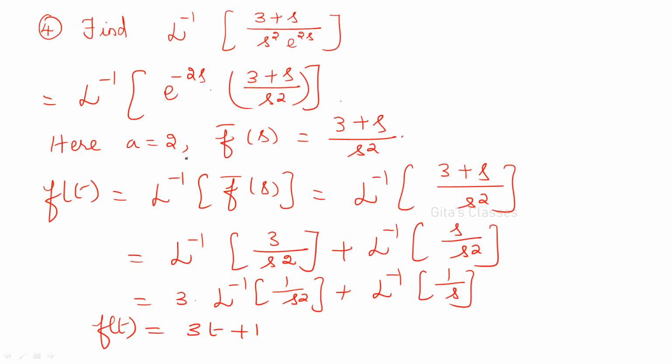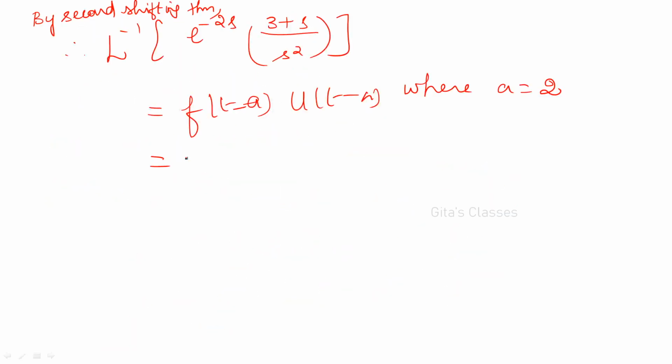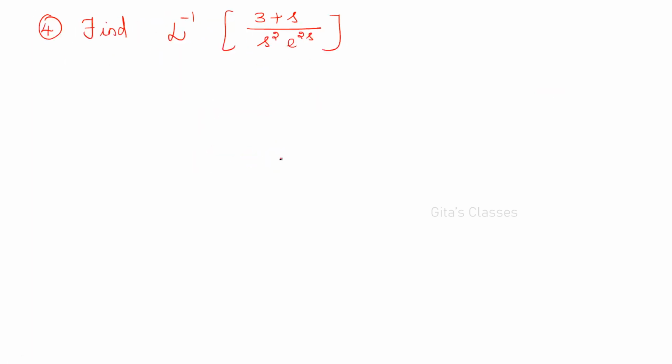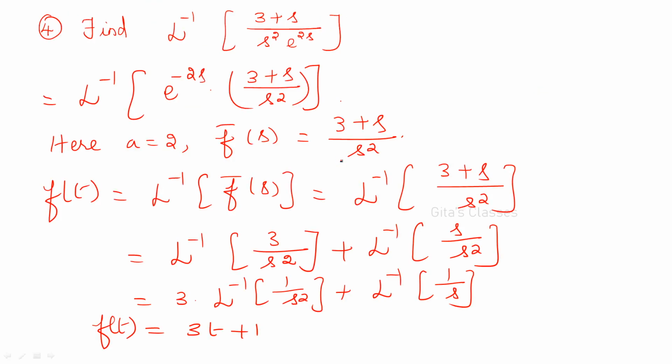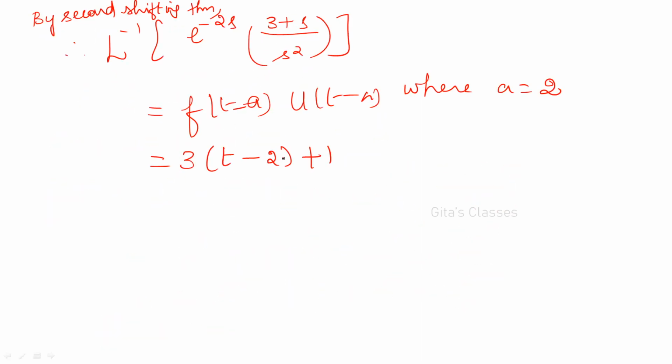Our f of t is 3t plus 1, so it becomes 3 into t minus 2 plus 1, into u of t minus 2.